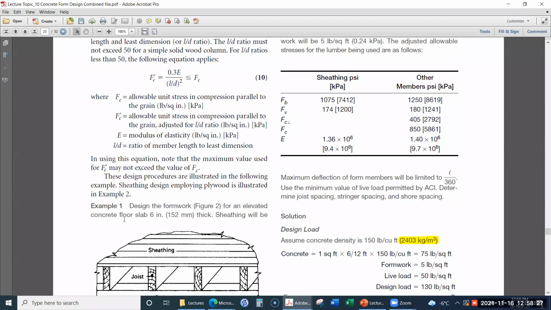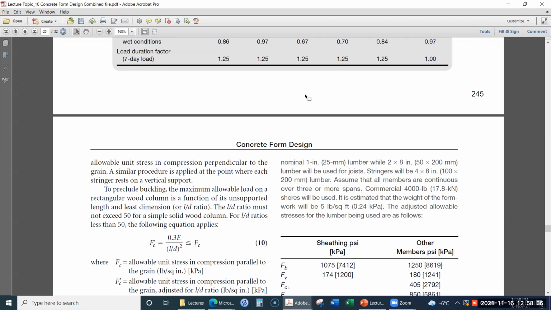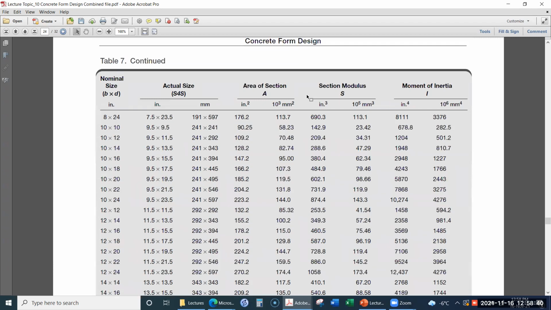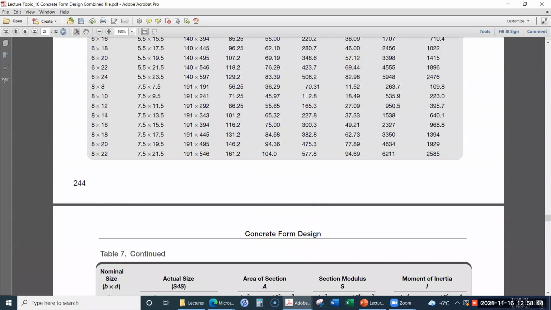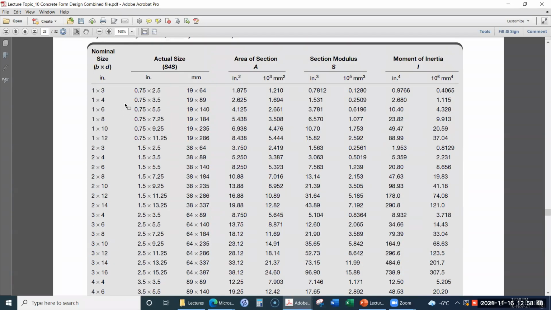Design the formwork for an elevated concrete slab. The thick sheathing will be nominal 1 inch lumber.